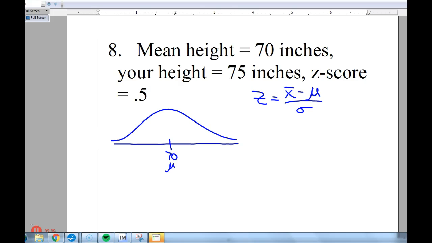If you can give me the z-score in your head, that shows me you understand what's going on and how it works. I don't have any problem with that. If it's free response, you still have to show your work, but practicing doing it in your head reinforces the concept of what we're doing.